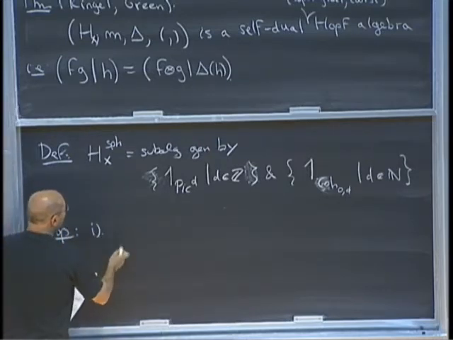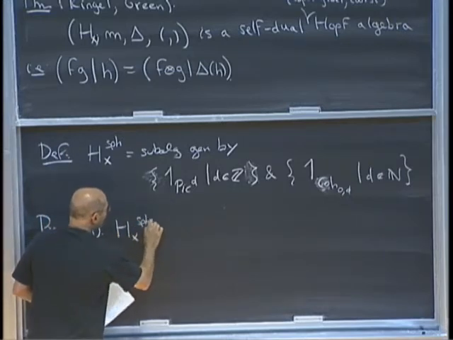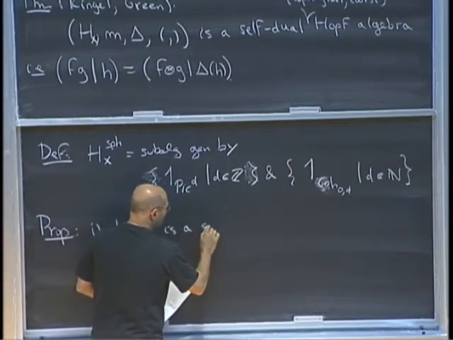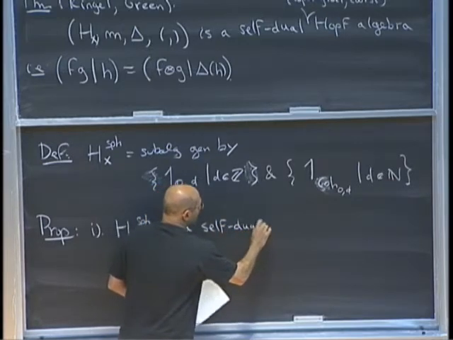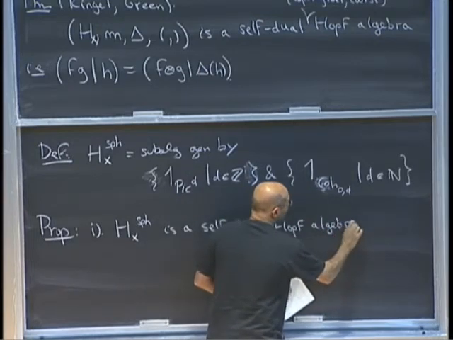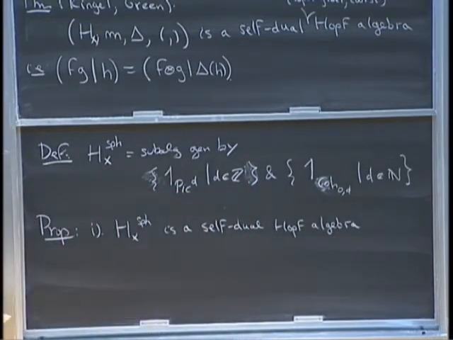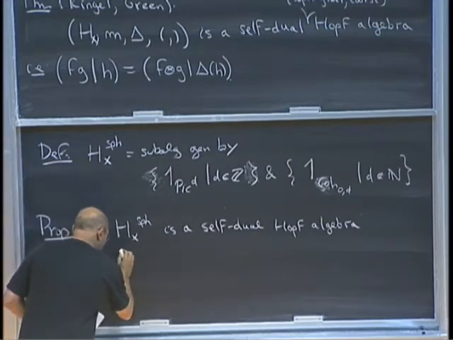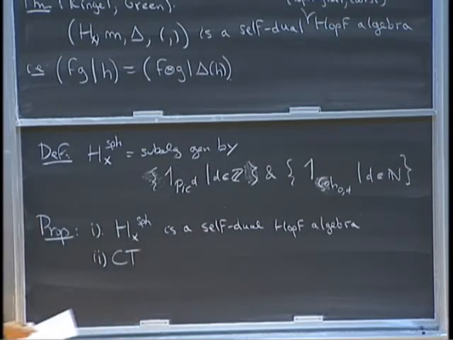So first, this spherical subalgebra is also a self-dual Hopf algebra with the same restrictions as before, but it is a Hopf subalgebra, stable under the coproduct, and it's also self-dual. And the second thing, which will look a bit technical here, but those of you who know about automorphic forms will see the relevance. You can consider what's called a constant term, which is the parabolic restriction to the torus.